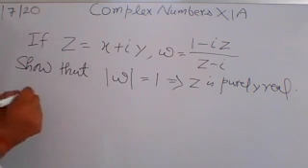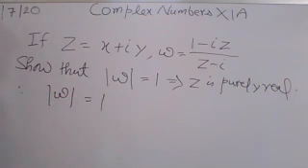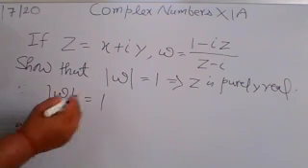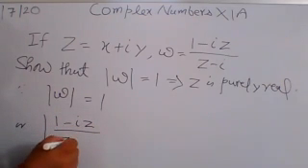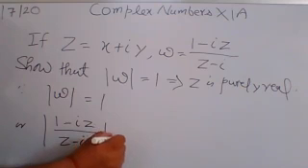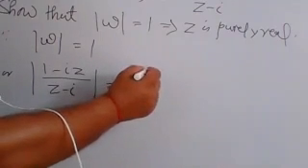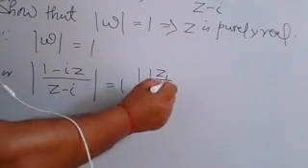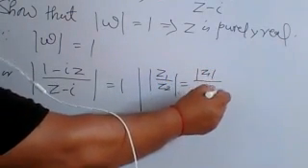So first of all, what is given here? Here you have mod of omega is equal to 1. Now putting the value of omega, you have mod of (1 minus iz) upon (z minus i), and its complete value is 1. And you have the property of modulus of a complex number, that mod of z1 upon z2 is equal to mod of z1 upon mod of z2.